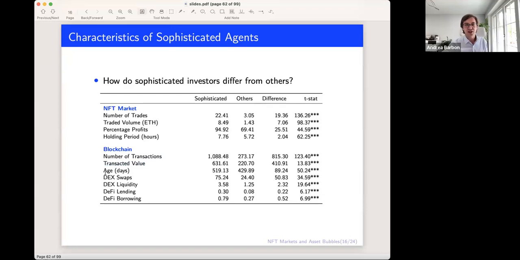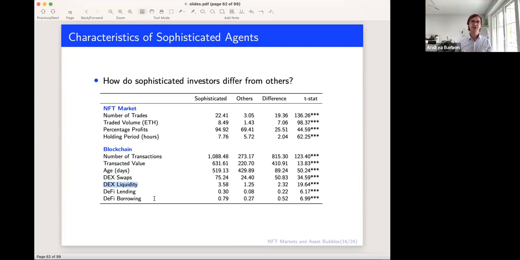And also the age of the wallet is higher. Those people created their wallet before the non-sophisticated agents. And also these sophisticated guys are more likely to perform swaps on decentralized exchanges or to provide liquidity to decentralized exchanges. And they are also more likely to be involved in decentralized lending and borrowing.